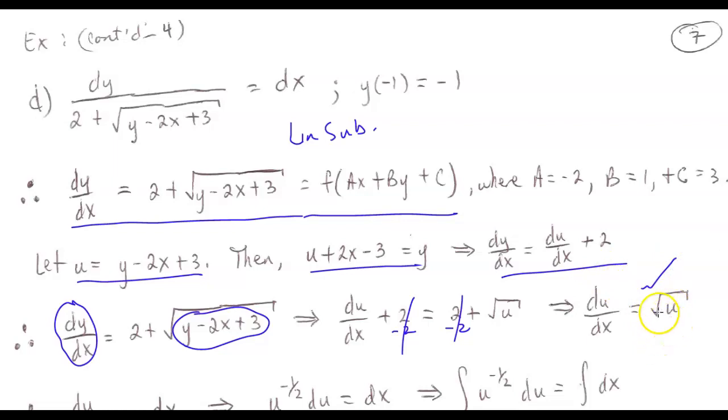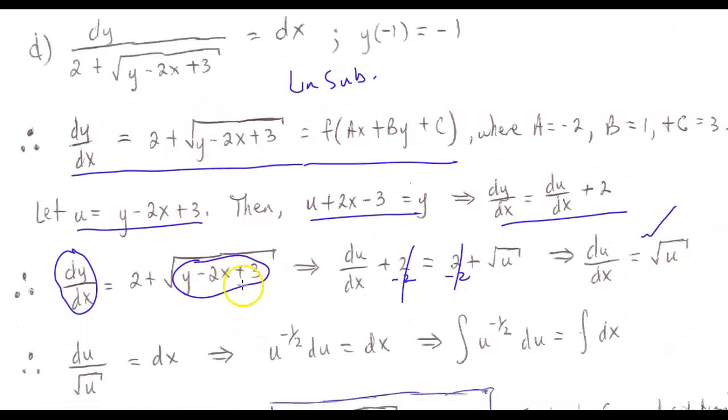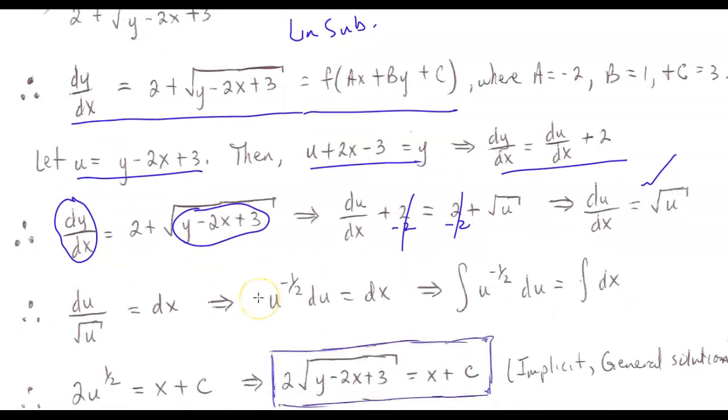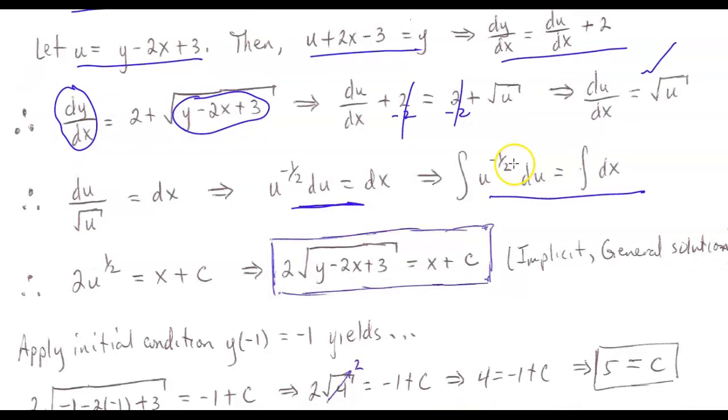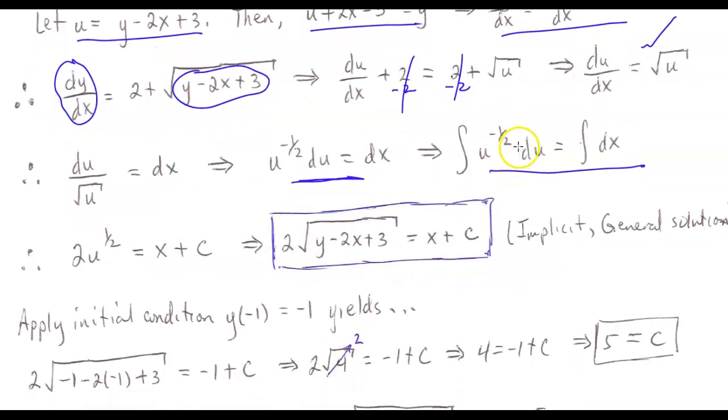square root of u. And of course, at this point, this is a separable ODE. So we get it to where everything with u is on one side, everything with x on the other. See that this is the outcome, and then we integrate both sides. So in doing the integration, of course, we use the power rule for antiderivatives for the u raised to the negative 1/2.